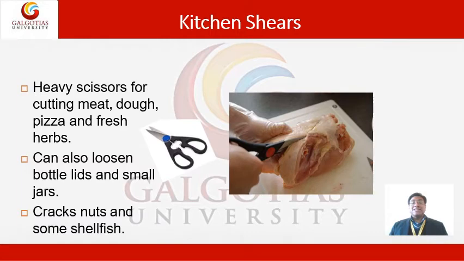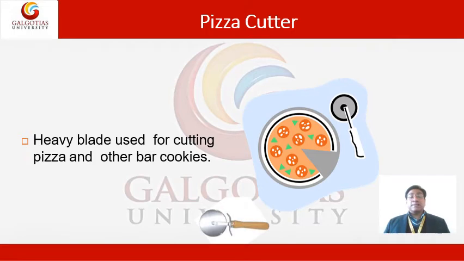These are kitchen shears, if you can see, for cutting chicken or other things. It's like a scissor, a heavy scissors basically, for cutting meat, dough, pizza and fresh herbs. Pizza cutter: a heavy blade used for cutting pizza and other bar cookies, and the blade rotates, so you need to roll the cutter wherever you want it to cut.